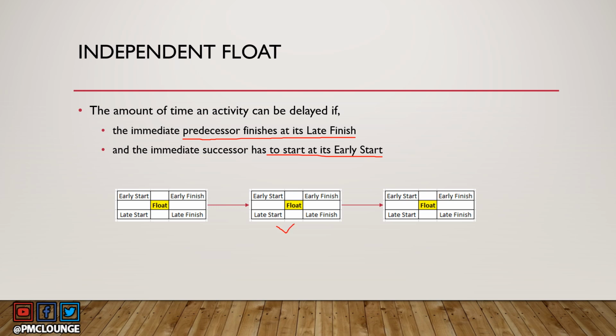So let's talk about this activity. This is the activity in question. So this is the value at which the predecessor activity is ending. And the immediate successor, the rightmost one, has to start at its early start.